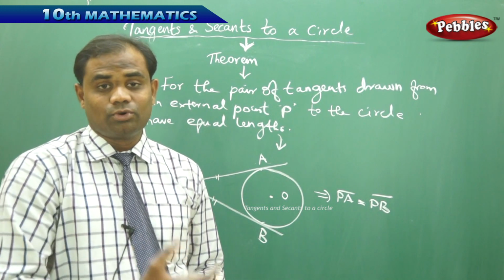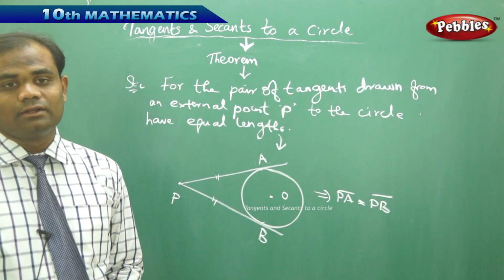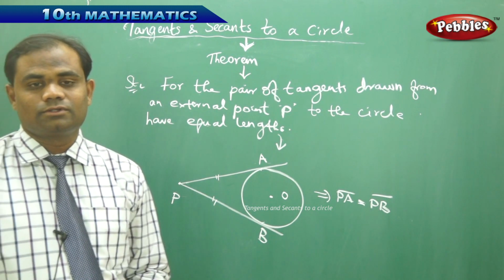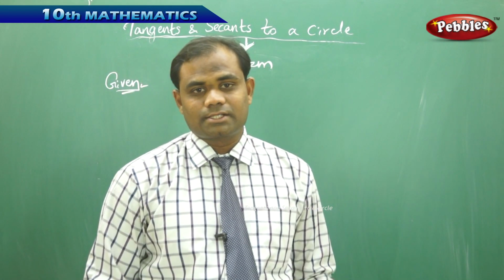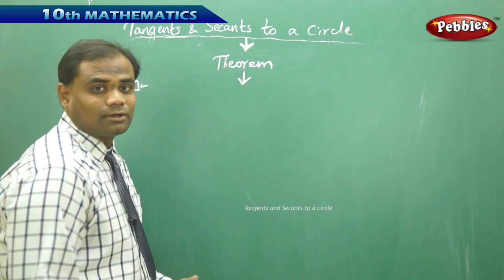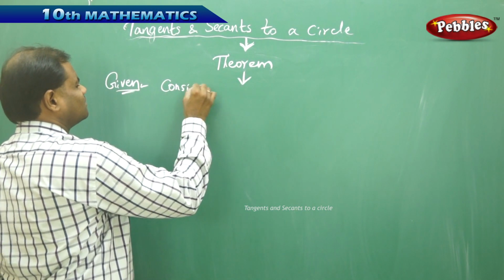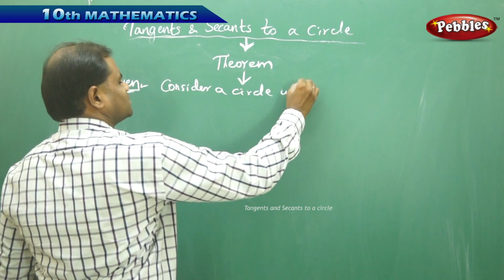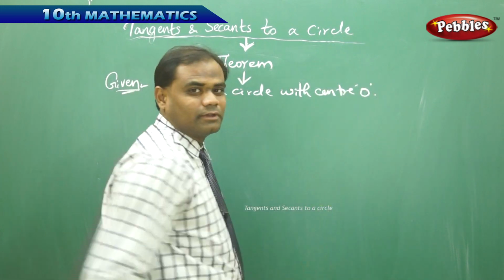So let's see the proof of the statement through the given, the construction, the required to prove, and the proof. So let's continue with the given part of the theorem. In this case, I consider a circle with center O, is what we consider initially.